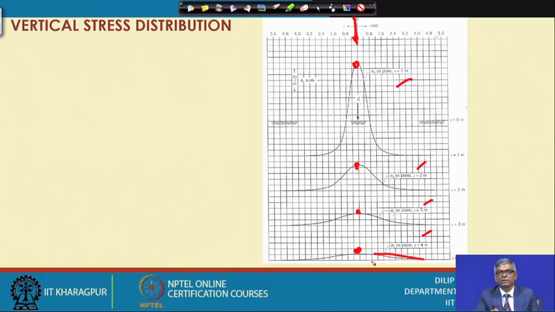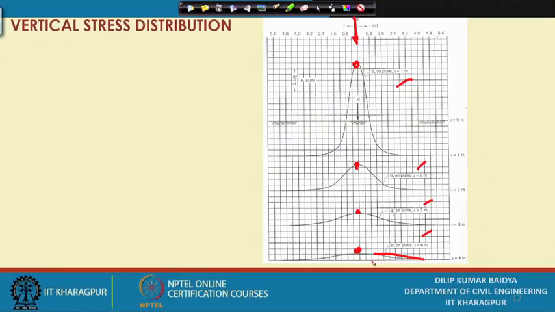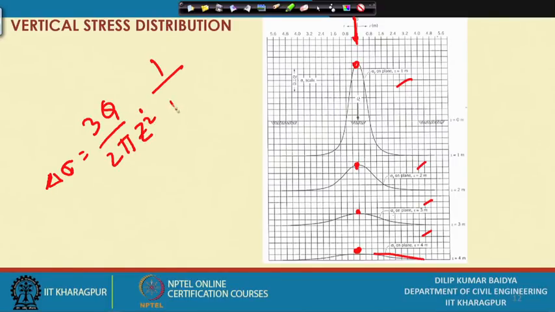So, actually we are not doing anything, simply whatever point load equation we have got, by using that point load equation, if I change r and z, once you keep r as constant and vary z, then you will get the trend of how the vertical stress varies over depth, and then once you keep z constant and vary r, by the same equation, that is actually your del sigma equal to 3 q by 2 pi into z square into 1 over 1 plus r square by z square to the power 5 by 2.